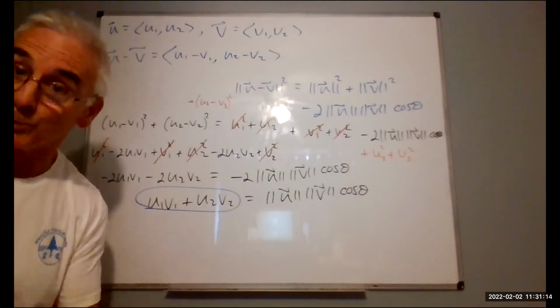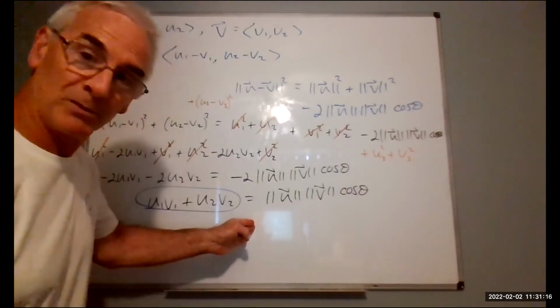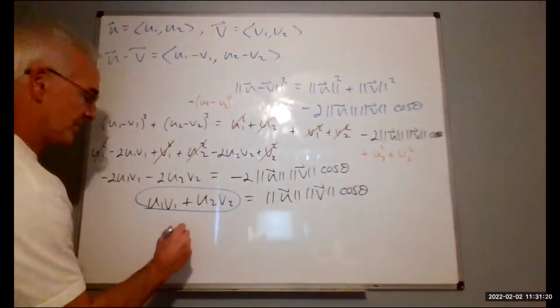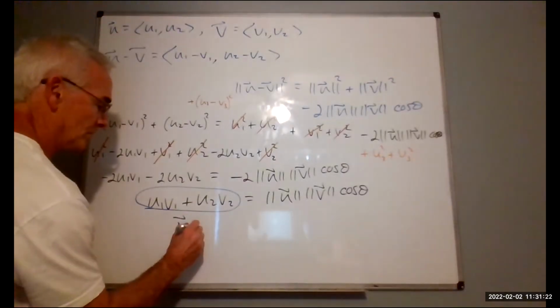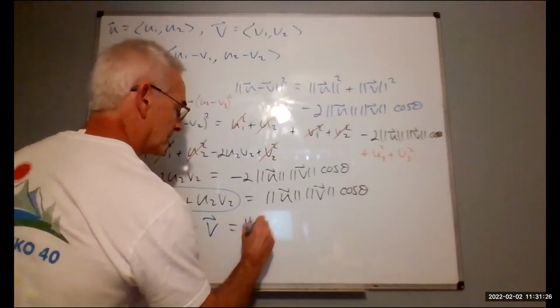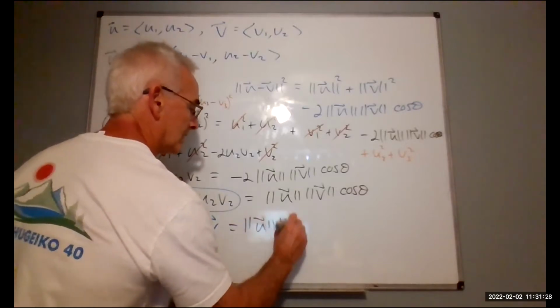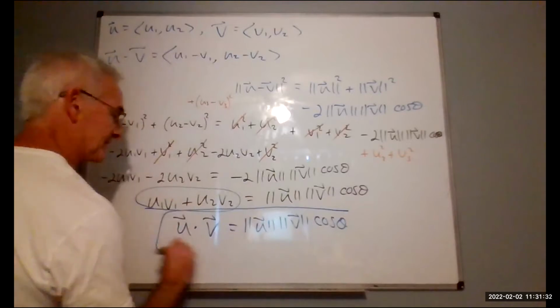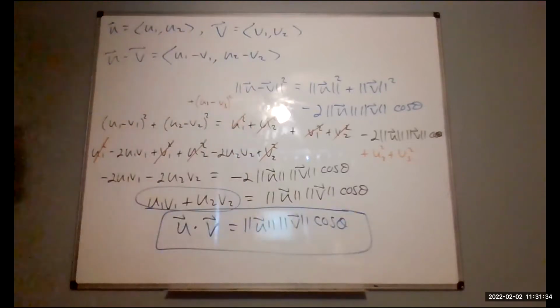And if my vectors were in R3, the one more term u3 v3 is still dot product. So the left-hand side of this statement is u dot v. But the right-hand side is length u, length v cos theta.